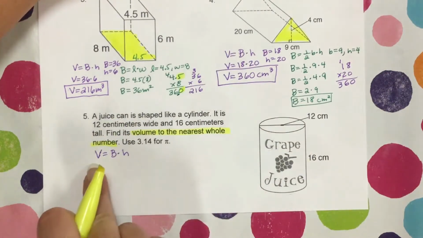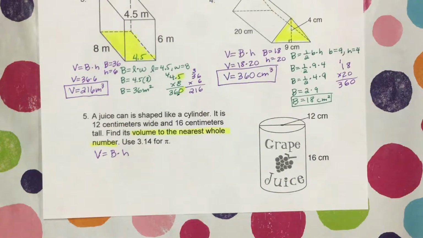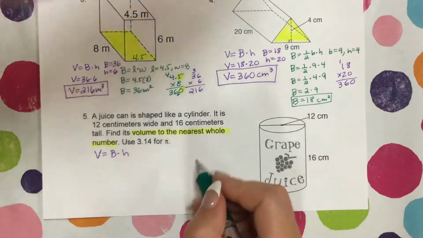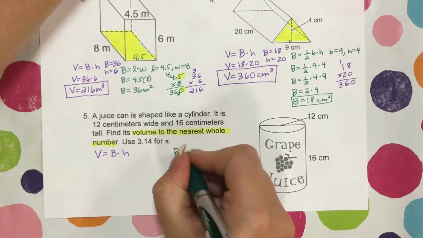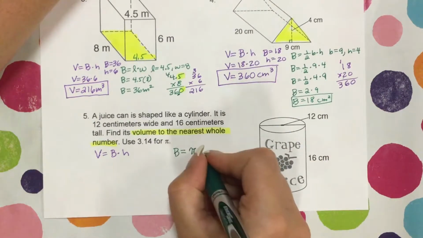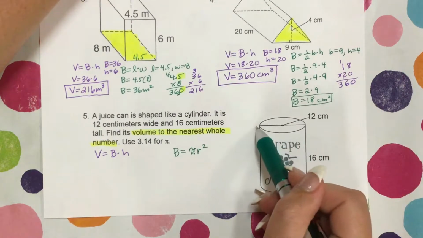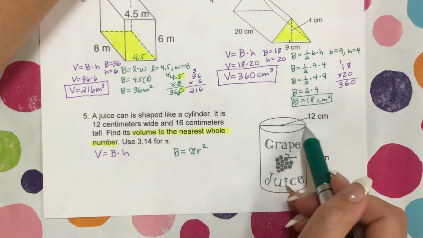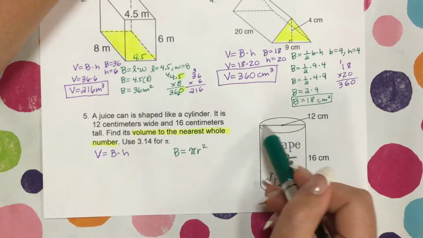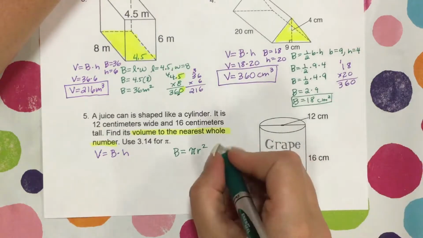We know that the volume is equal to the area of the base multiplied by the height. Okay, so the first thing we need to find is the area of the base. Since it's a circle, the area of the base is going to be pi r squared. We know that this is 12 centimeters across. That is the diameter. We need the radius, which would be half of 12, which would be 6.